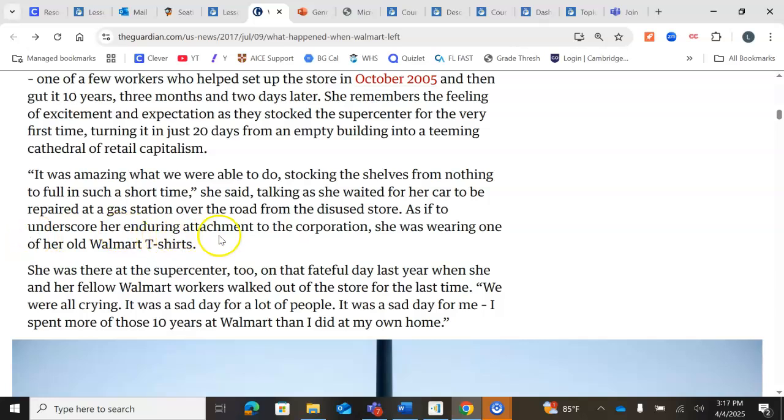As if to underscore her enduring attachment to the corporation, she was wearing one of her old Walmart t-shirts. She was there, too, at the Supercenter on that fateful day last year when she and her fellow Walmart workers walked out of the store for the last time. We were all crying. It was a sad day for a lot of people. It was a sad day for me. I spent more of those 10 years at Walmart than I did in my own home.